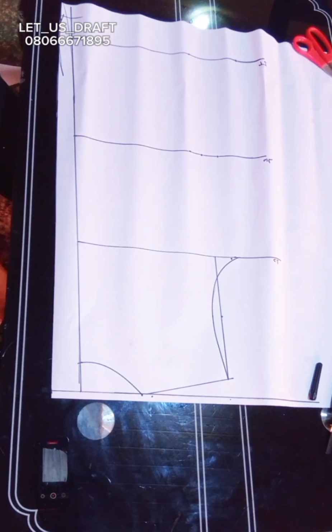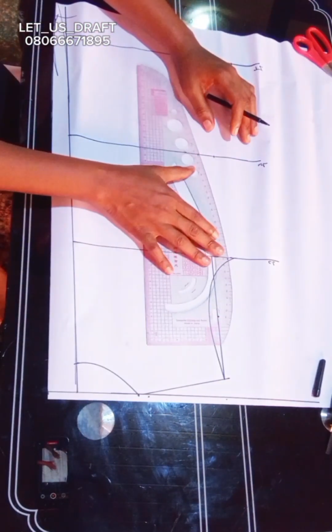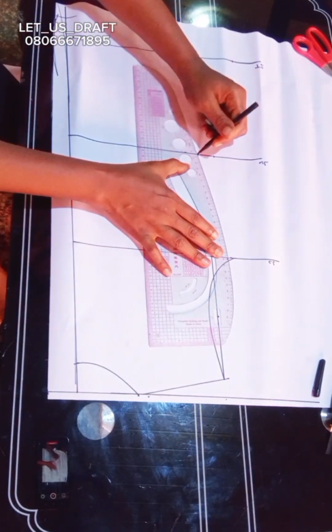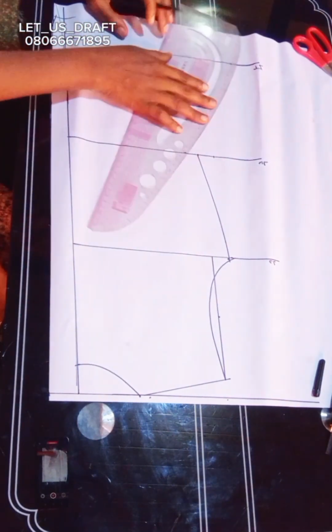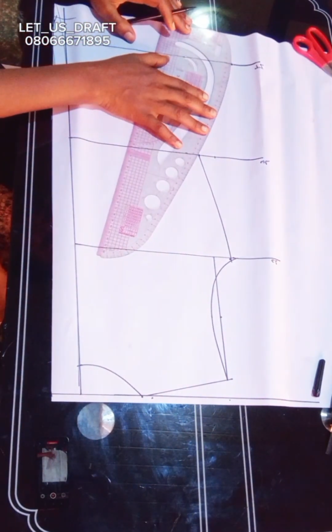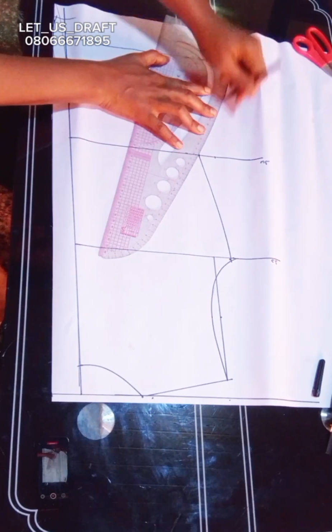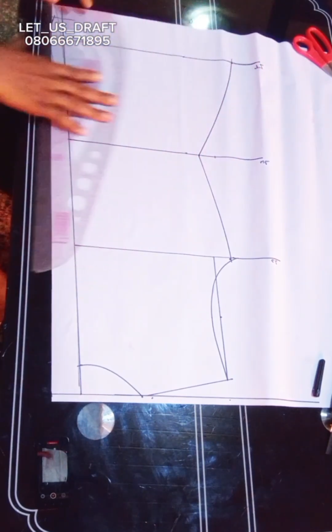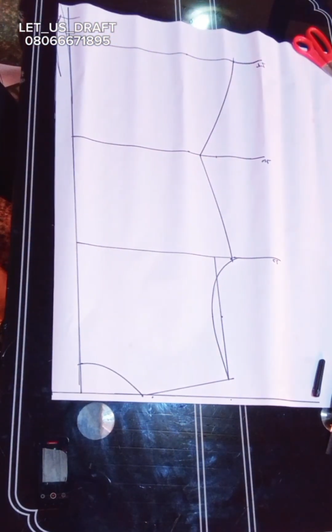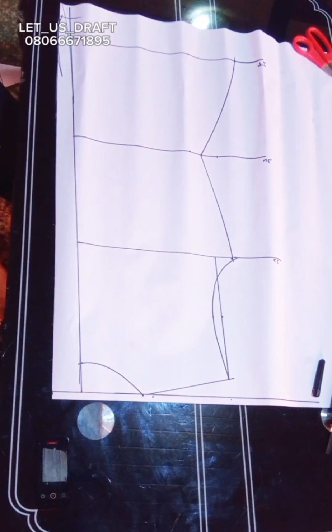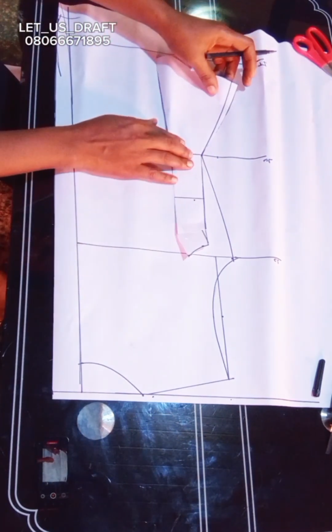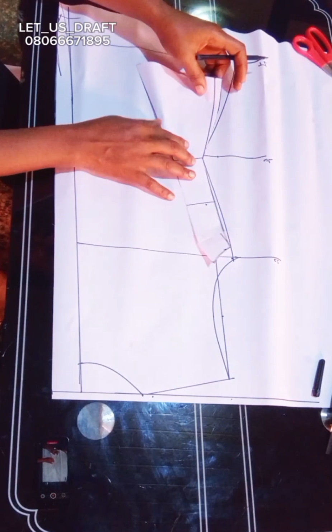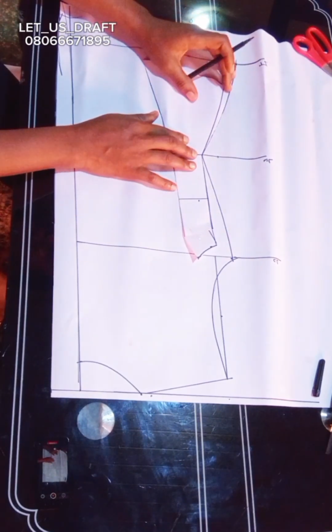So now I will go ahead and curve the lines, connect the lines together. I'll connect like so. I also connect to the hip line. Having done that, I will bring in the side of the front to match up, to be sure that both the front and the back are aligning.